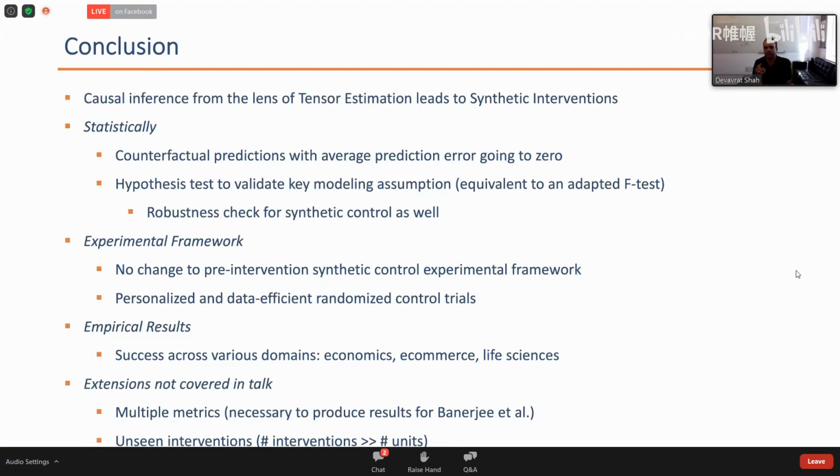Those factors associated with interventions are not observed, but they are consistent with the tensor factor model. And once they're consistent with the tensor factor model, that effect is already accounted for. So just to repeat myself, the tensor factor model, like the classical econometrics factor model, takes into account the unobserved confounders through the latent variable that models the factor associated with intervention.